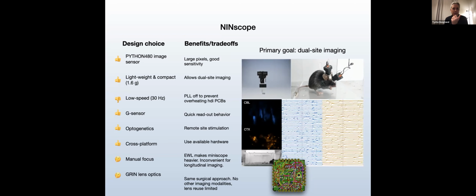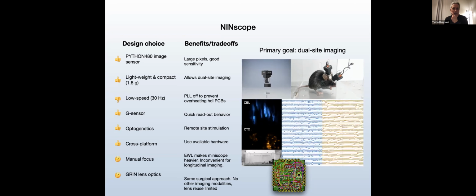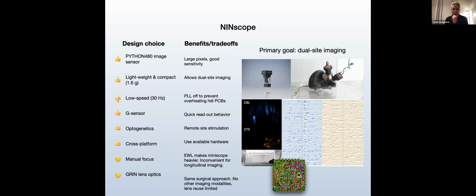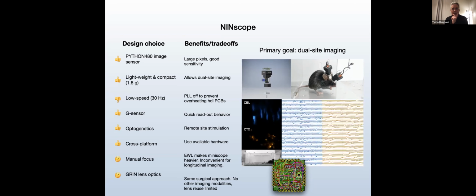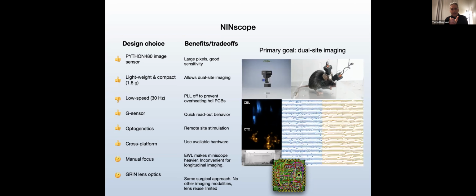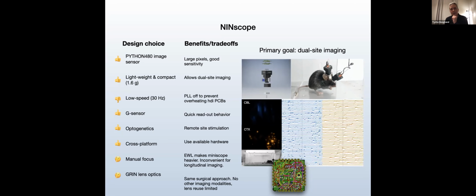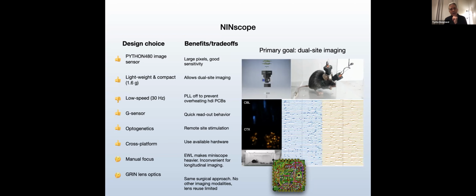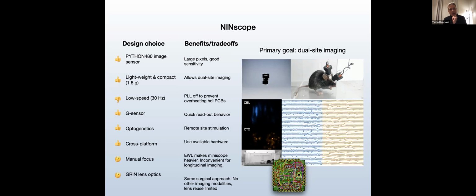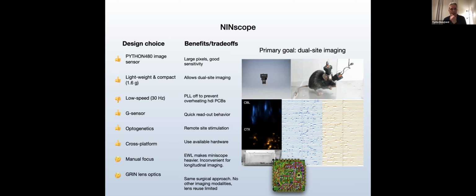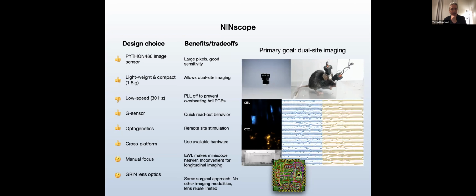So we talked with several people, including Daniel, and we decided to go for the Python 480 image sensor. At that time, it was the sensor that was good in terms of sensitivity. It was better than the predecessor sensors that had previously been implemented in other designs. And we would be able to fit it into a relatively compact design.